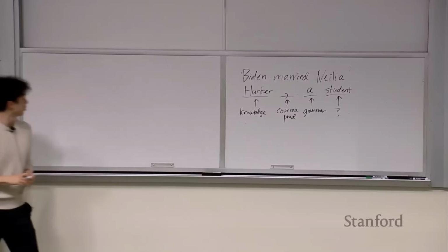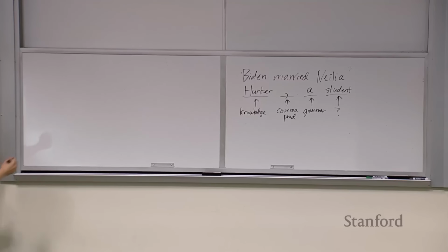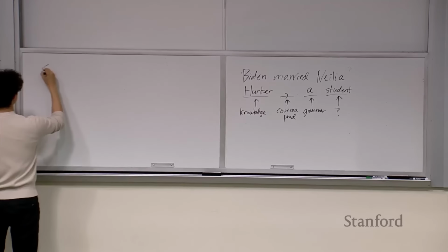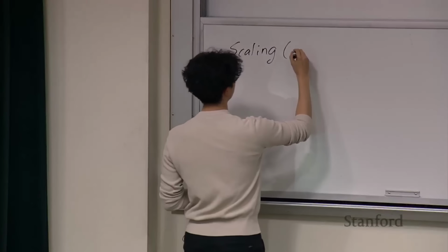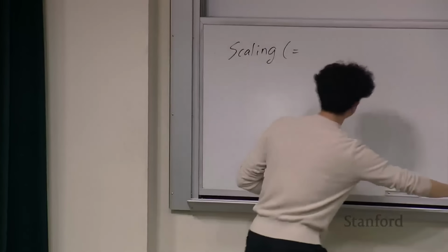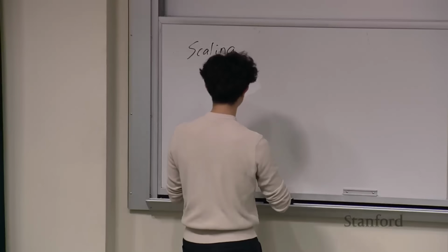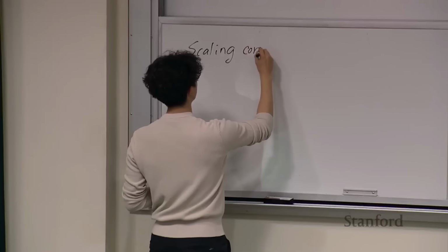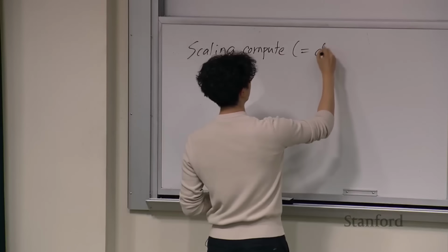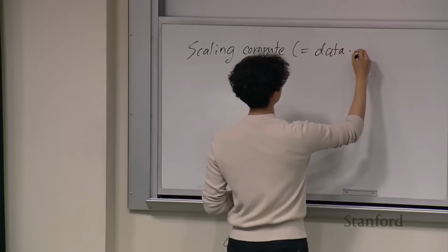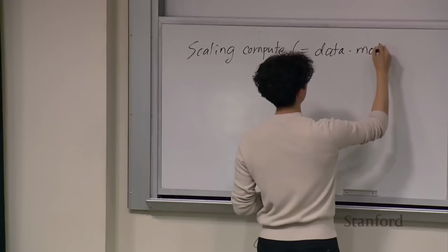The next intuition I want to talk about is scaling, which is, by the way, let's say scaling compute. And by the way, compute is equal to how much data you have times the size of the language model.